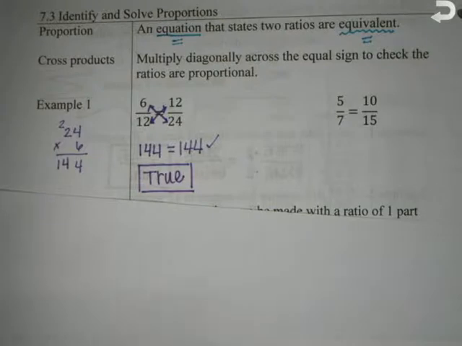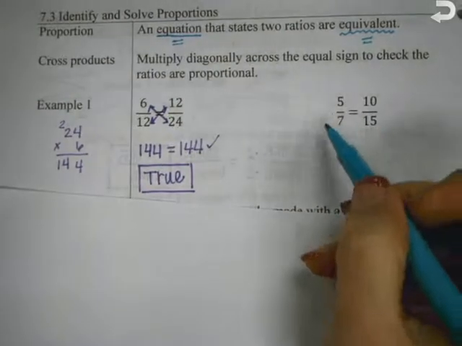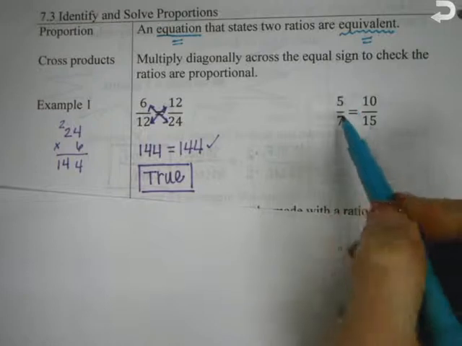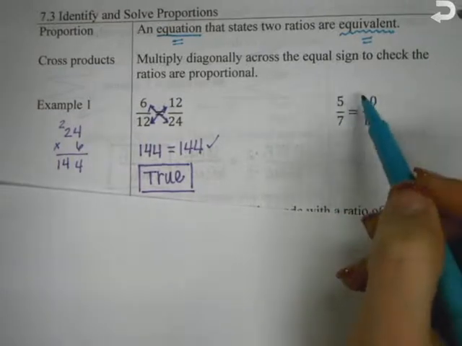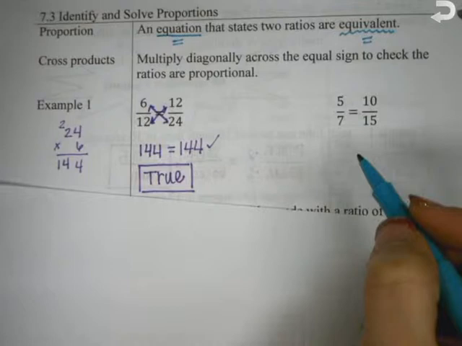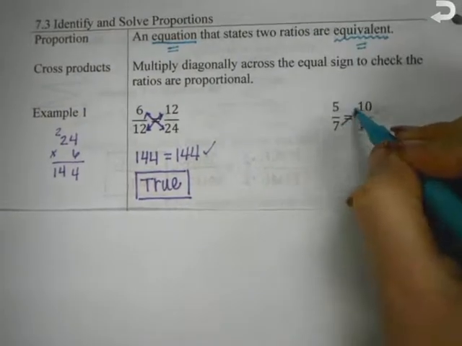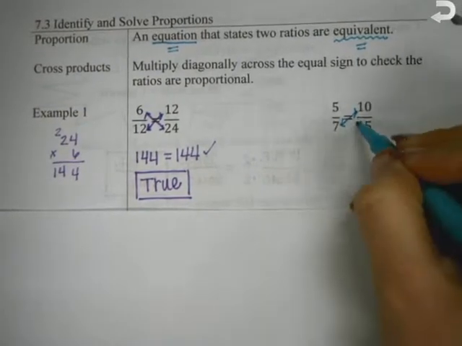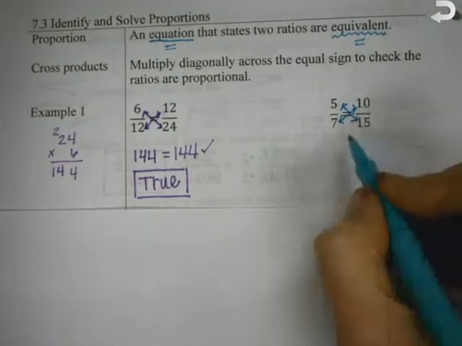Okay? So let's check the second one, part B. I'm telling you that 5 over 7 is equal to 10 over 15. But we need to use cross products to check first to see if they're proportional. So I'm going to multiply 7 times 10. And I'm going to multiply 5 times 15. Let's do 7 times 10 first. What does that give me? 70.